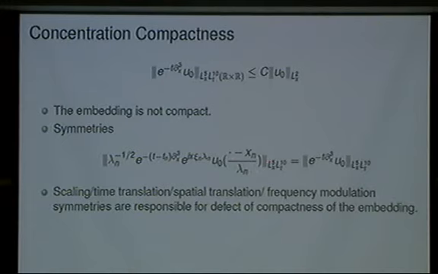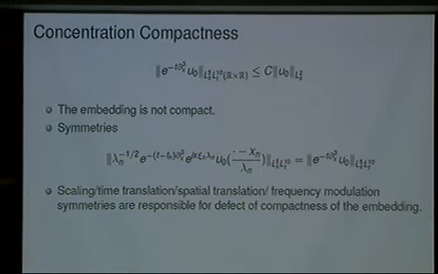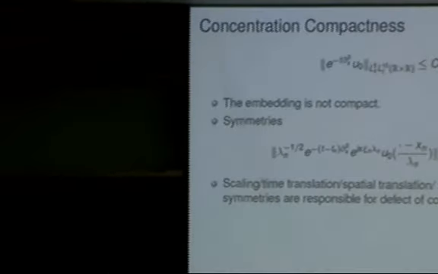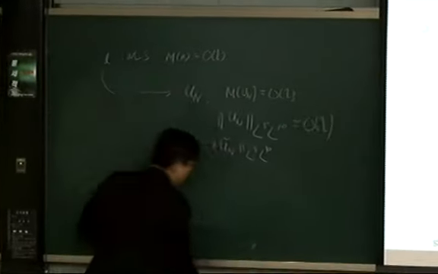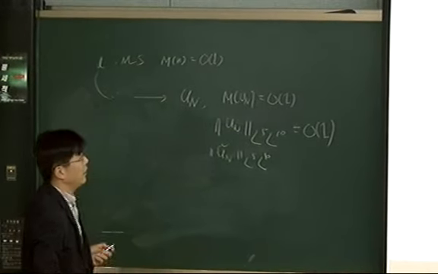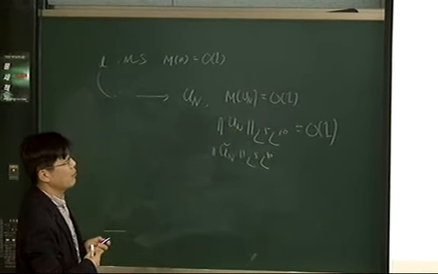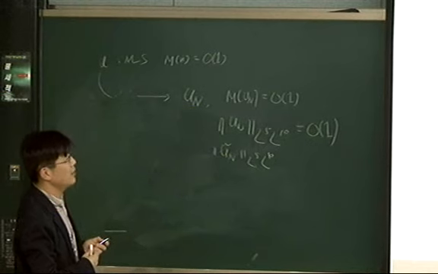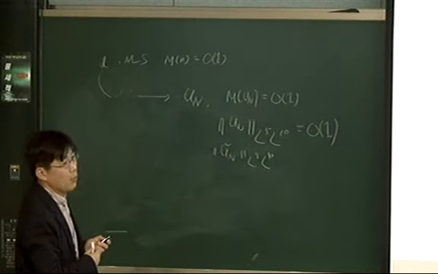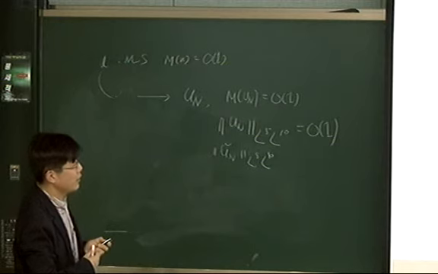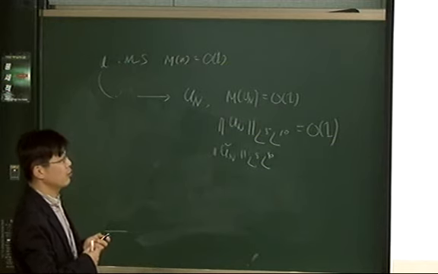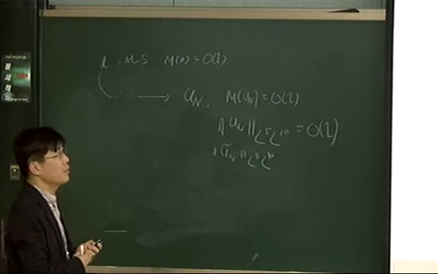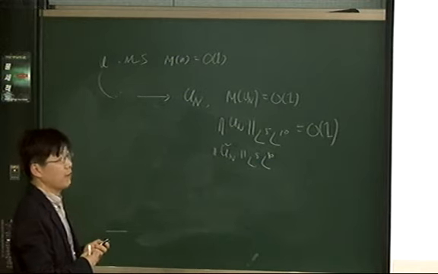So for instance, if you look at the translation, for such an embedding to be compact, given a sequence with bounded mass, it should contain a convergent subsequence in L5 (L10 norm).